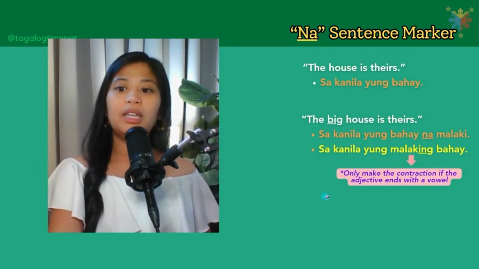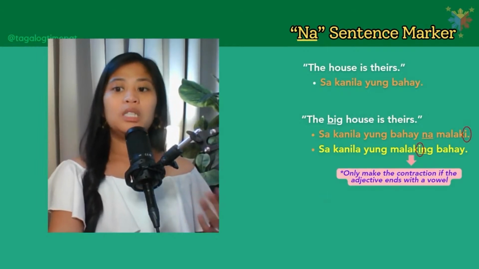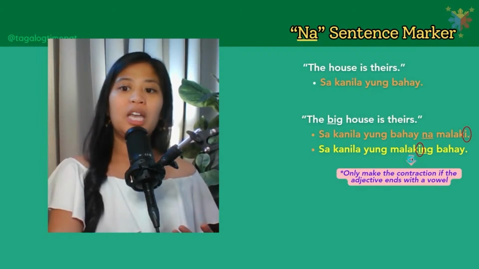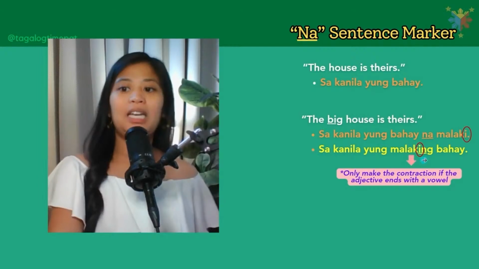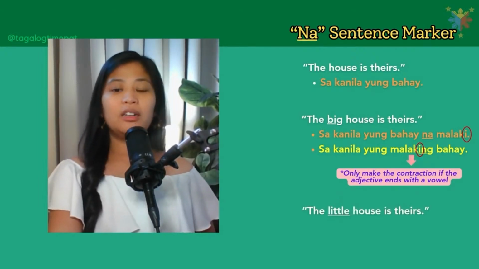And you only make this contraction if the adjective ends with a vowel. So see, malaki ends with an I, and when you are putting the adjective first, instead of saying malaki na bahay, you could just say malaking bahay. So it's a contraction.